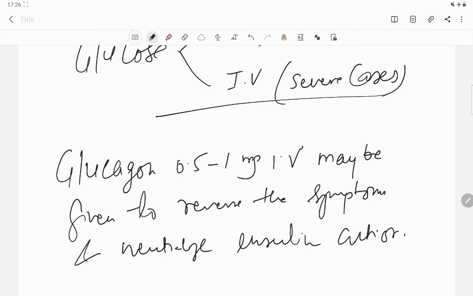So this is how we treat a patient with hypoglycemia due to insulin.